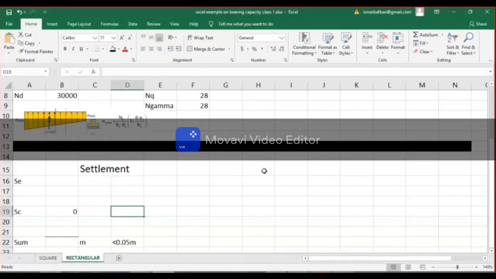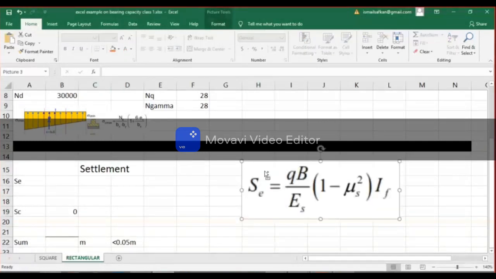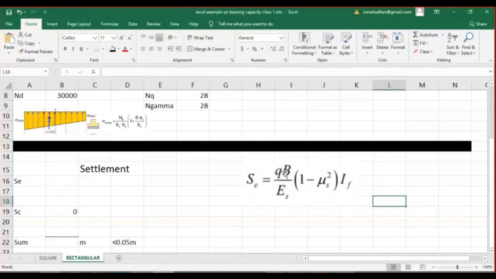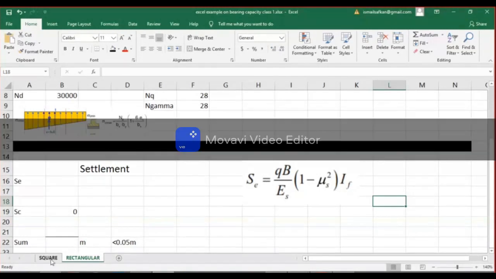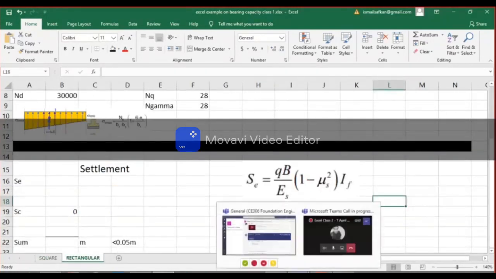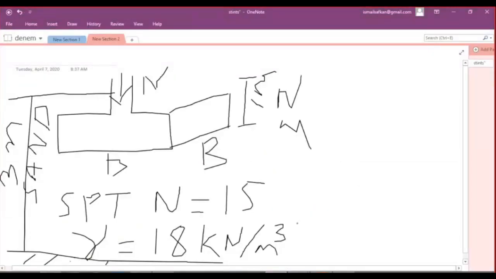in settlement. I have a formula for elastic settlement, but I need to obtain the stress at the middle of my soil layer. So let's go back to our figure. The thickness is about 2 meters underneath the foundation.